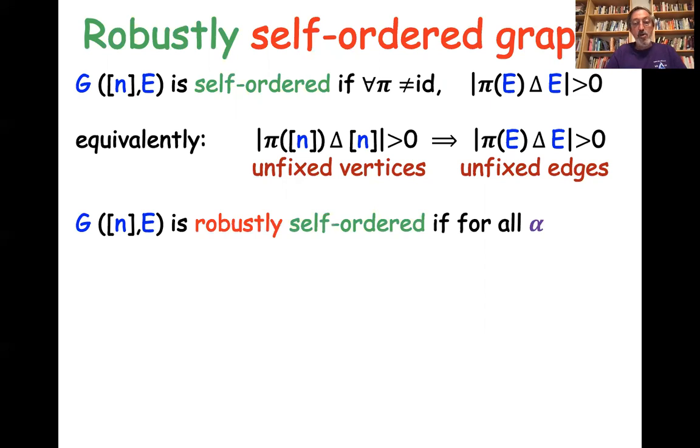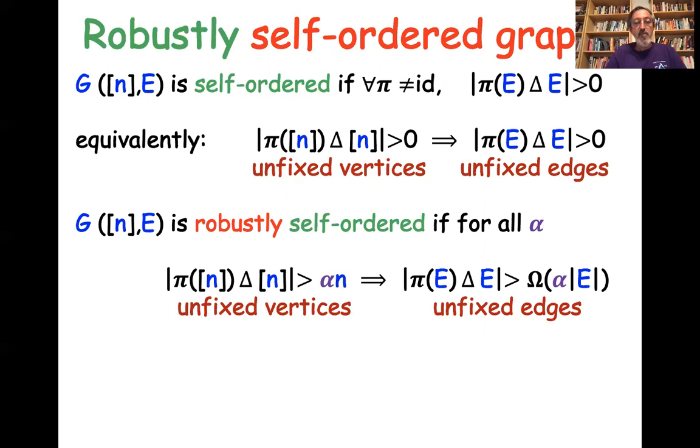In a robust version, what we want is for any fraction alpha, if we move an alpha fraction of the vertices, then we must move an alpha fraction of the edges up to a constant factor. This has to hold for any permutation, and any alpha. Alpha can be a constant, can be 1 over root n, anything. The same proportion has to move as in the vertices, also in the edges.